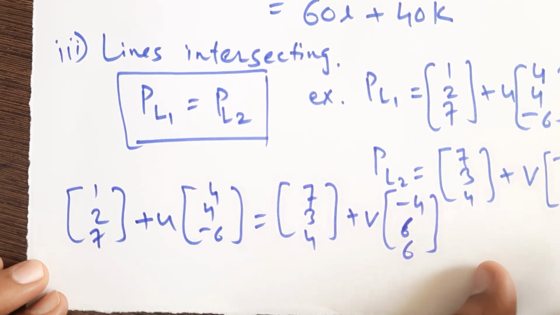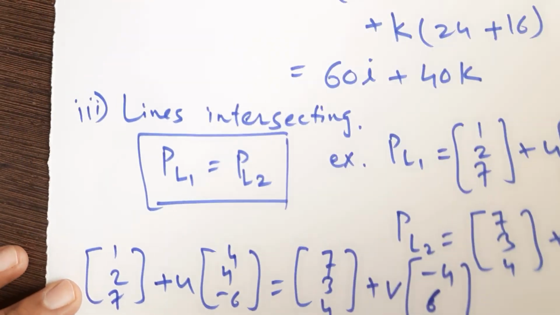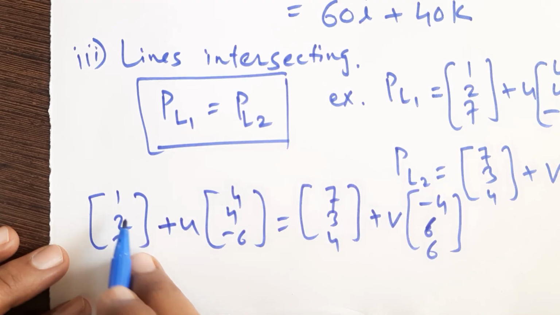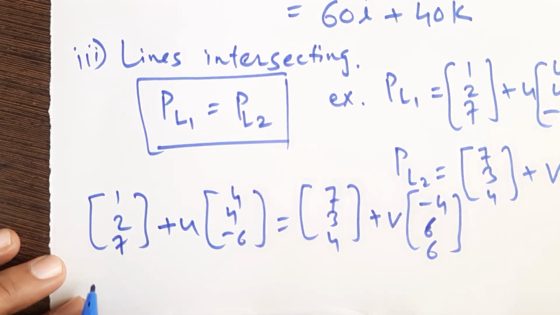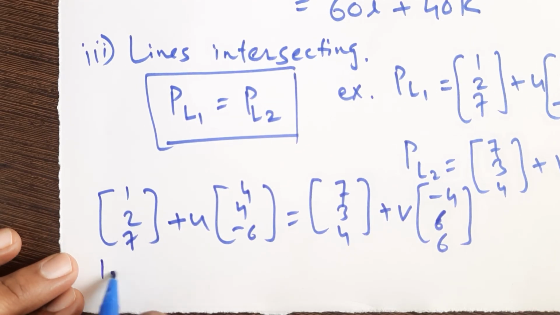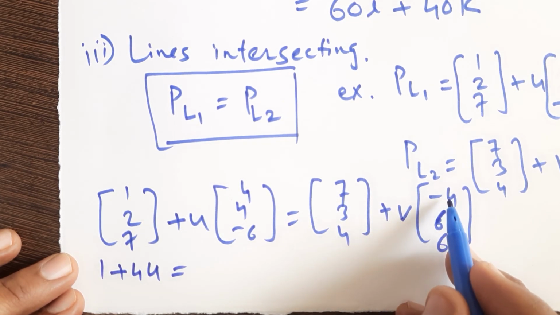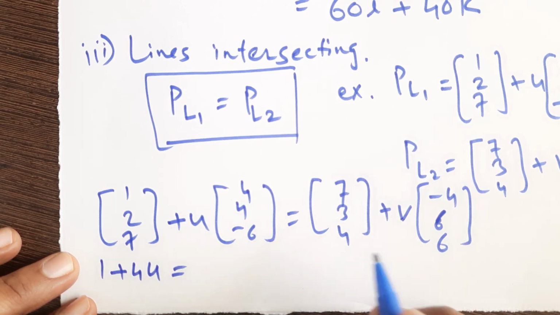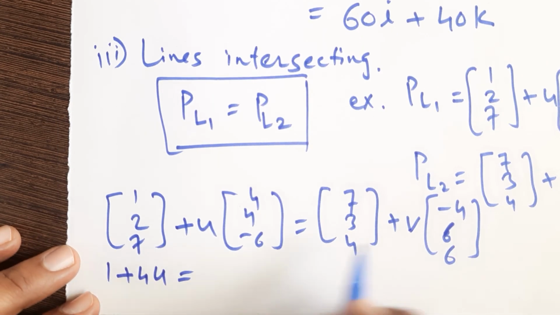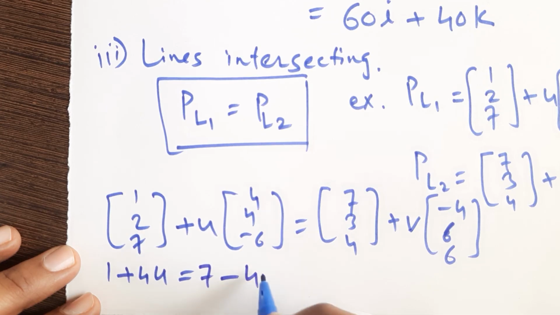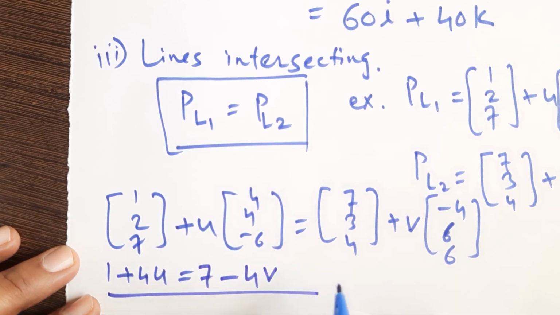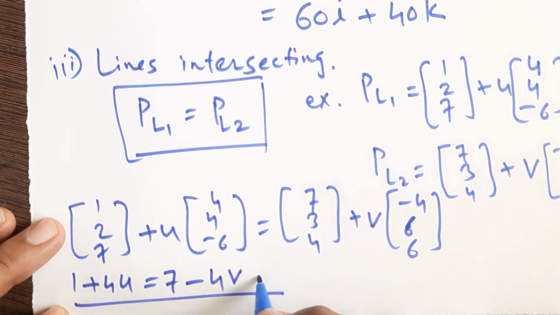You have to solve this. If you solve it, you will get 1 plus 4u is equal to 7 minus 4v. This is equation 1.